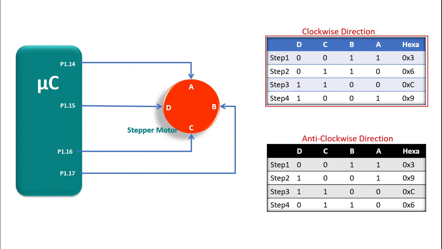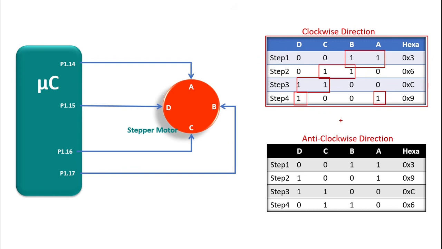In step 1, I'm going to excite 2 coils, that is A and B. Then I'll be exciting BC, then DC, then coil number D and coil number A. In this sequential manner, I'm going to excite the coils so that the motor will get rotated.